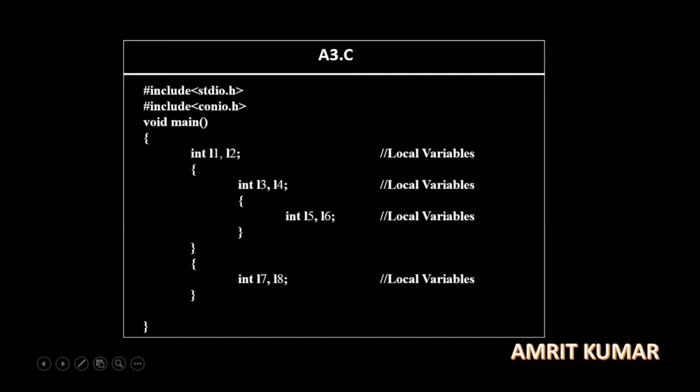So this is the example of local variables, and after that we just focus on the closing of main, and we have closed it. So this is what local variables are, and this is the way of declaring them. I1 and I2 are local variables. I3, I4, I5, I6, I7, and I8 are also local variables.